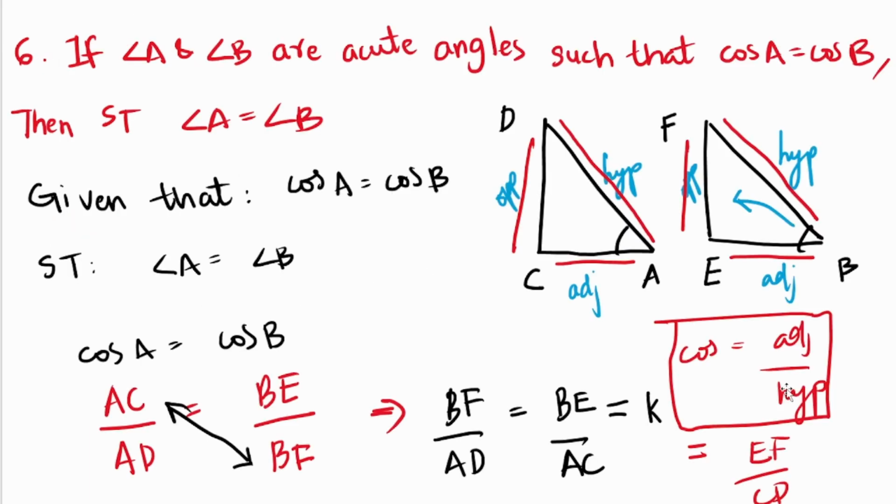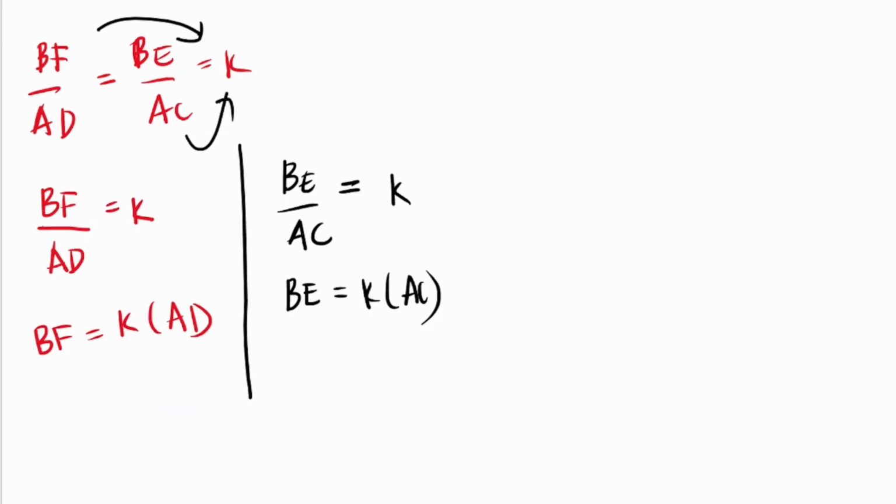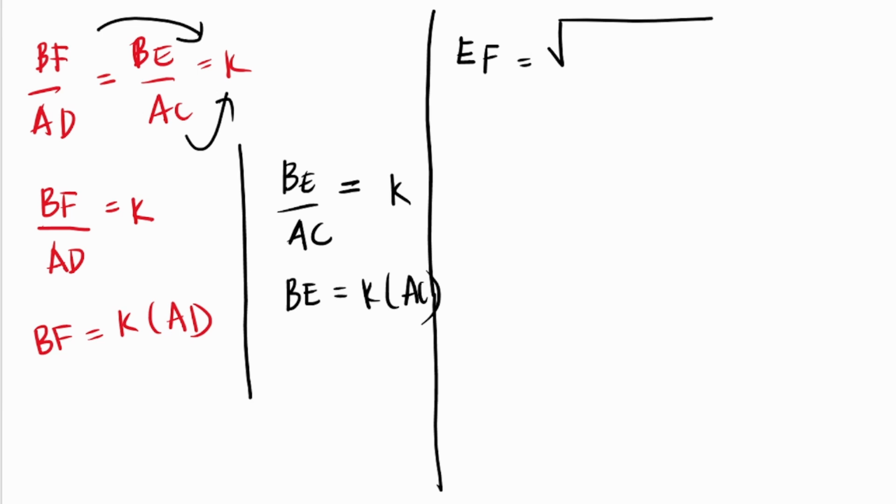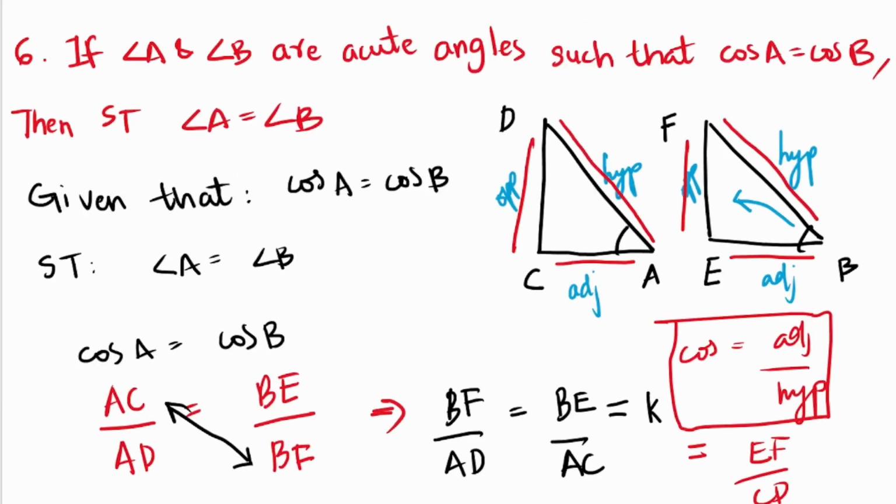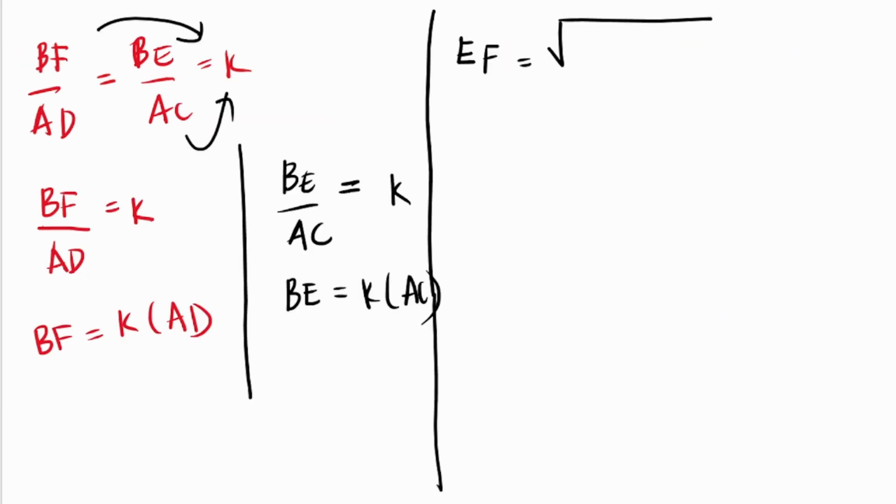In order to find the ratio of EF and CD, we need to find the values of EF and CD. To find the value of EF, this is your EF, right? By Pythagoras theorem, it is root of BF square minus BE square.